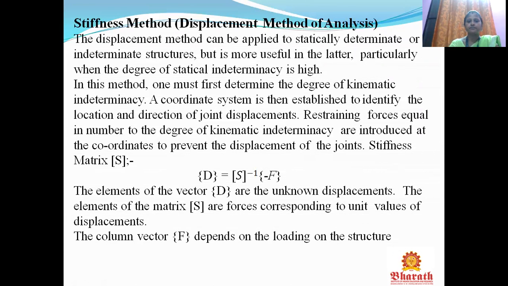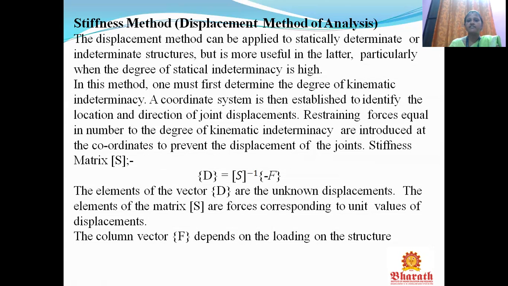Next is the stiffness method, otherwise called the displacement method of analysis. The displacement method can be applied to find statically determinate or indeterminate structures, but it is more useful when the degree of static indeterminacy is very high and it is very difficult to find otherwise. In this method, first we have to find the degree of kinematic indeterminacy.